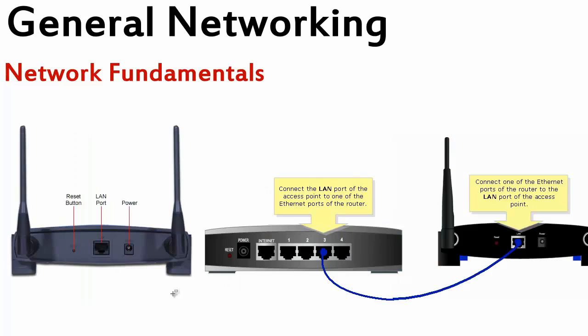When you look at a standalone access point, you will not find a lot of ports on it. Here, you will find a LAN port, a reset button, and the power port. That's it. Nothing else. Why? Well, that's how you connect it. You take your existing router or a switch and you connect it to your access point.